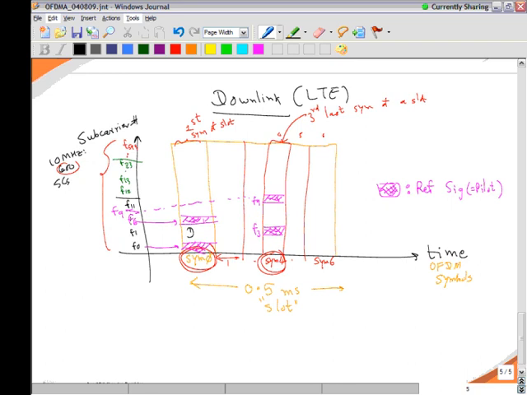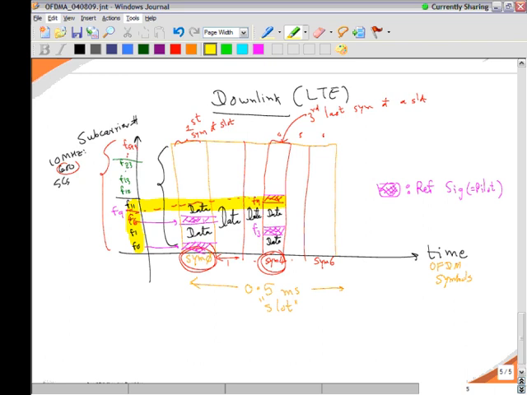So this is all data subcarriers. This is all data here, all data here, data. So out of those 600 subcarriers, if you pick one block here, I am picking one block of a dozen subcarriers.